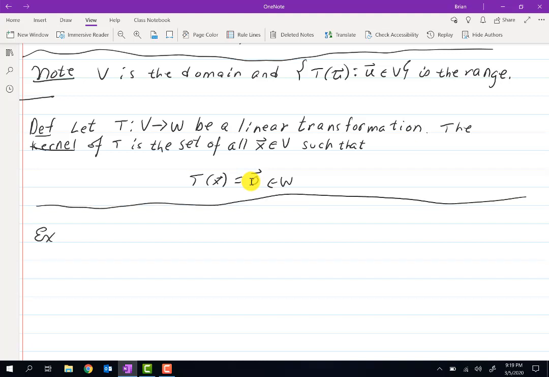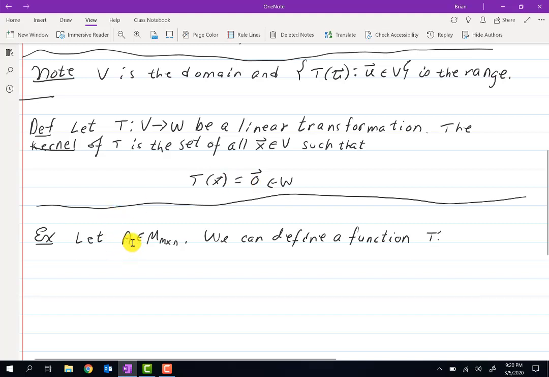Now let me give examples of some linear transformations. Probably the most useful one to us is the following. I'm going to pick an M by N matrix A, and we can define a function T. Remember that A is an M by N matrix.